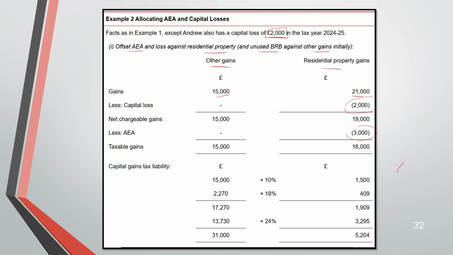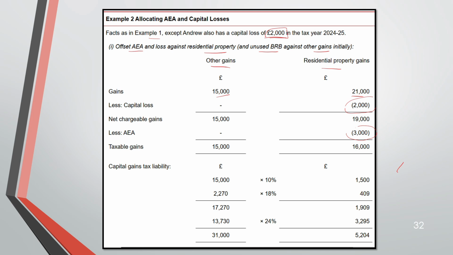Then we will be taxing based on other gains first. You will be utilizing the unused basic rate band against other gains. So when you go through example 1, we have some amount left of the unused basic rate band.